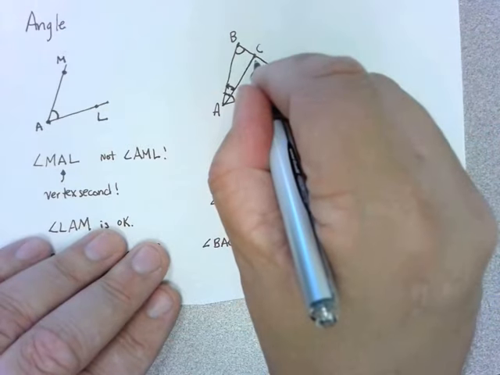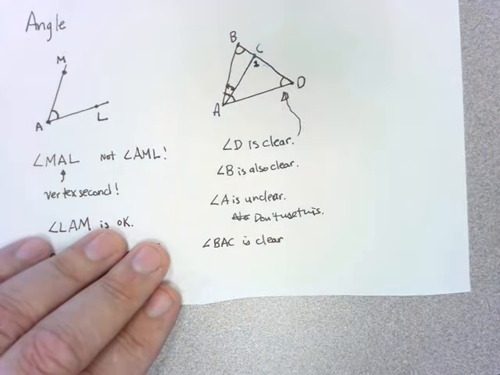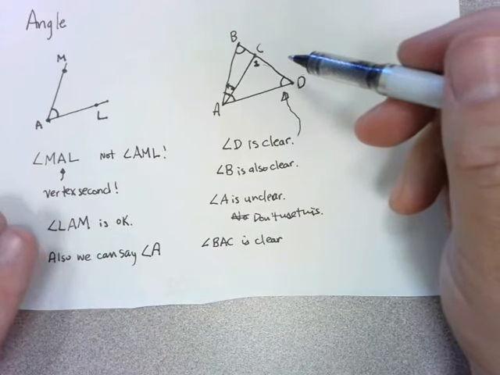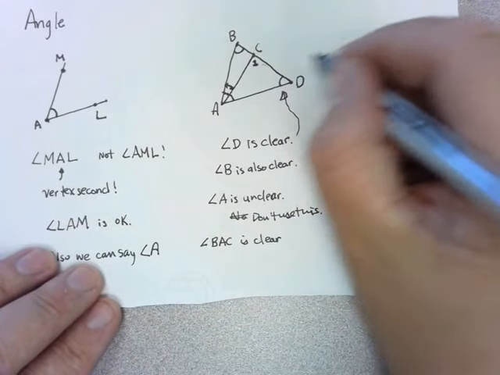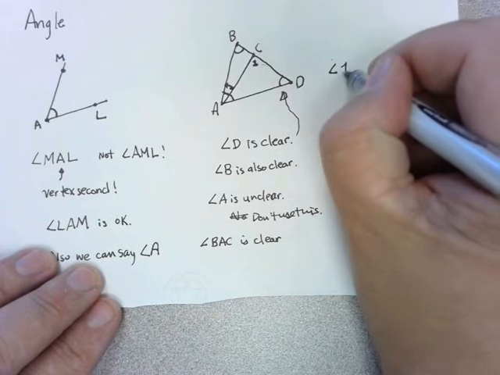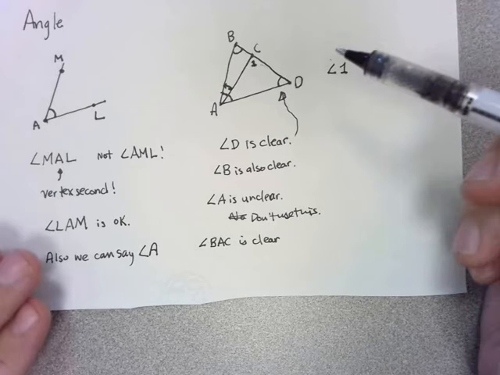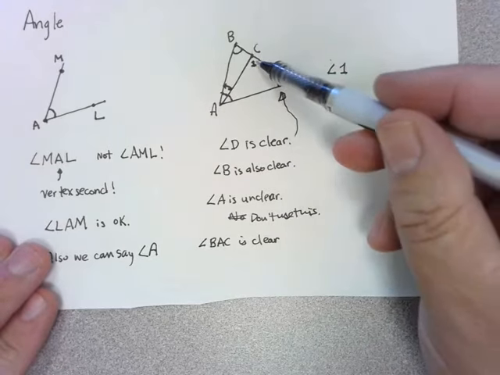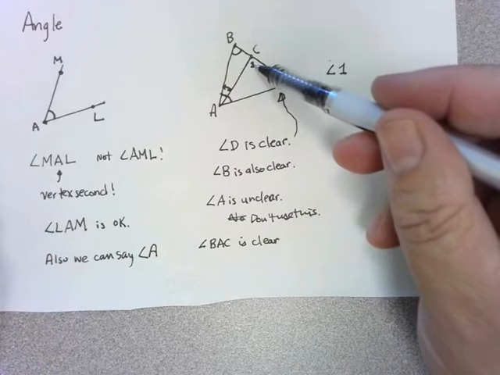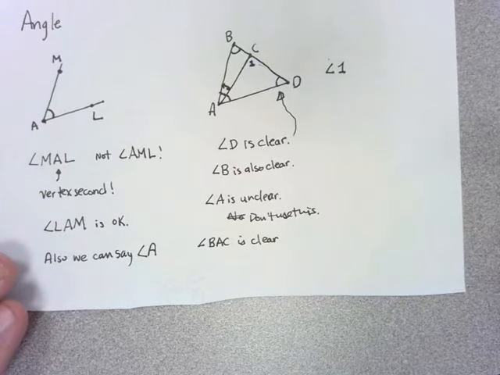Little numbers are sometimes written near the vertex of the angle, like that. And then this would just be referred to as angle 1. It's just a label. It's not indicating anything about its measurement. It's just because the naming of angles can be such a task that we take a shortcut and we put a little 1 near the vertex of the angle we're talking about, and then we can just call it angle 1.